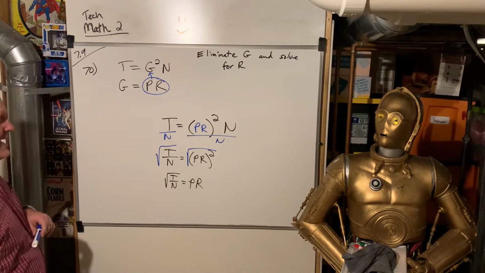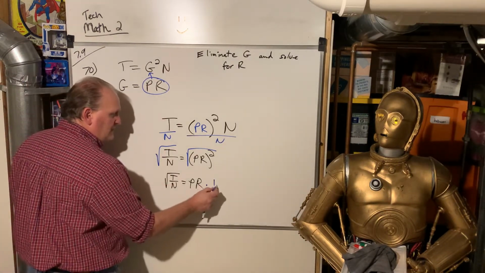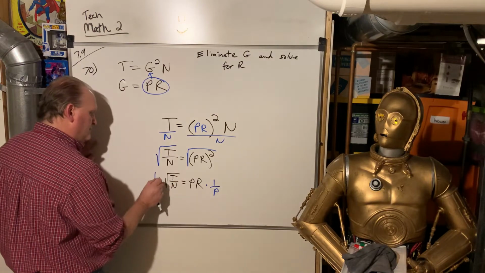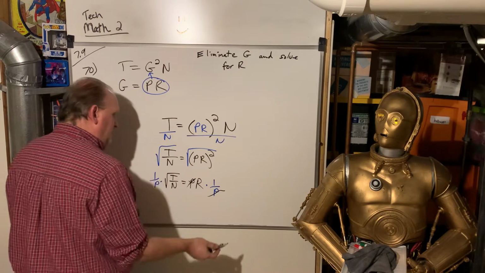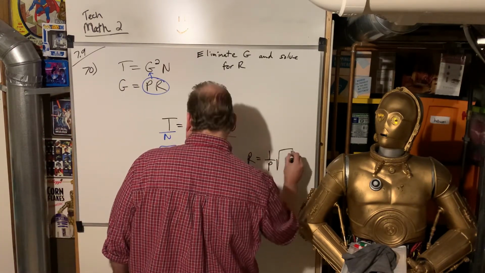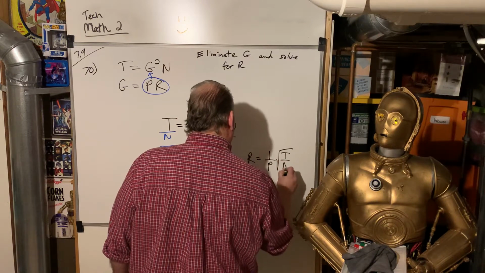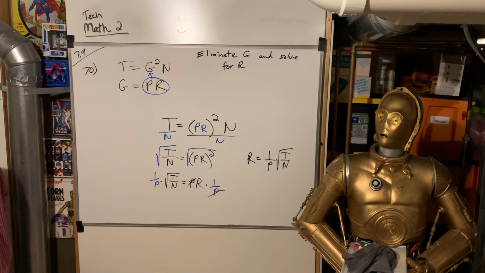And then again, we'd want to divide both sides by P. But since there's a fraction over here already, let's multiply by 1 over P. And that's our answer. So R is equal to 1 over P square roots of T over N. I think that's probably how they wrote it. Is that how they wrote it? Yep. Okay. Cool.